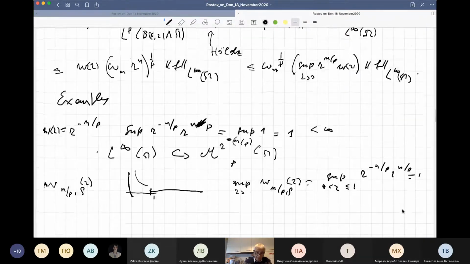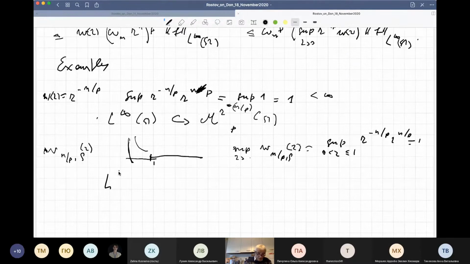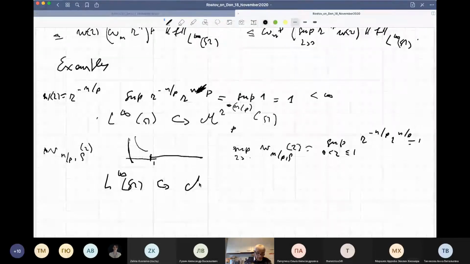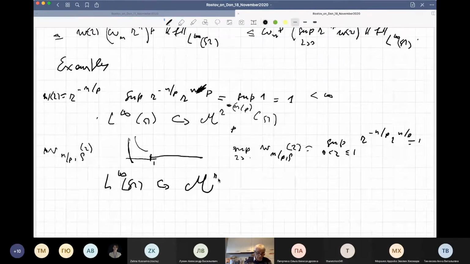So it's still okay. And L infinity of omega is included in Morrey with r to the minus n over p comma rho, p of omega, for rho in 0 to plus infinity.